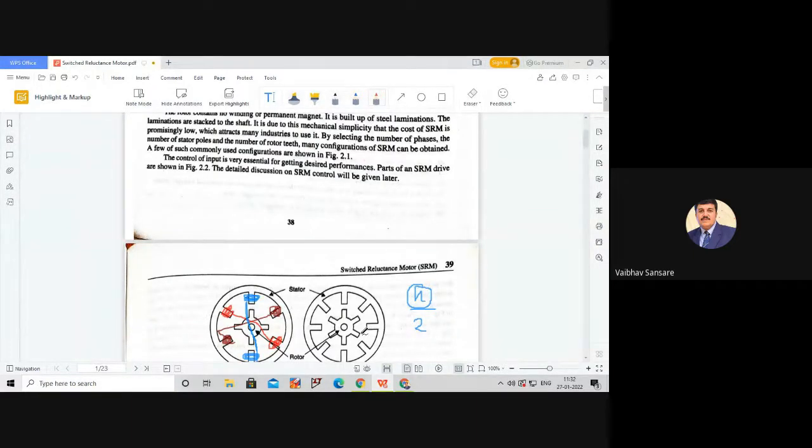It is a mechanically simple structure that simply consists of the rotor shaft and a number of steel rotor laminations stacked together on that shaft to form the entire rotor. On the outer periphery of that rotor, there are a number of teeth, generally termed rotor teeth.